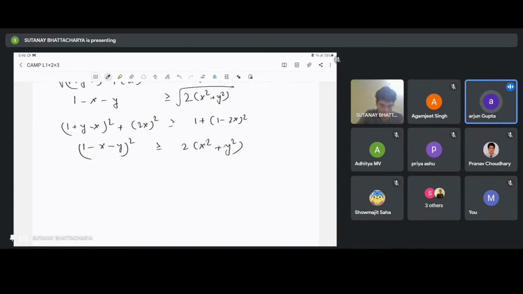So will things factorize or something like that? Hmm. Let's find out. Let's not factorize stuff. Let's just expand these things and write it as polynomials in x.